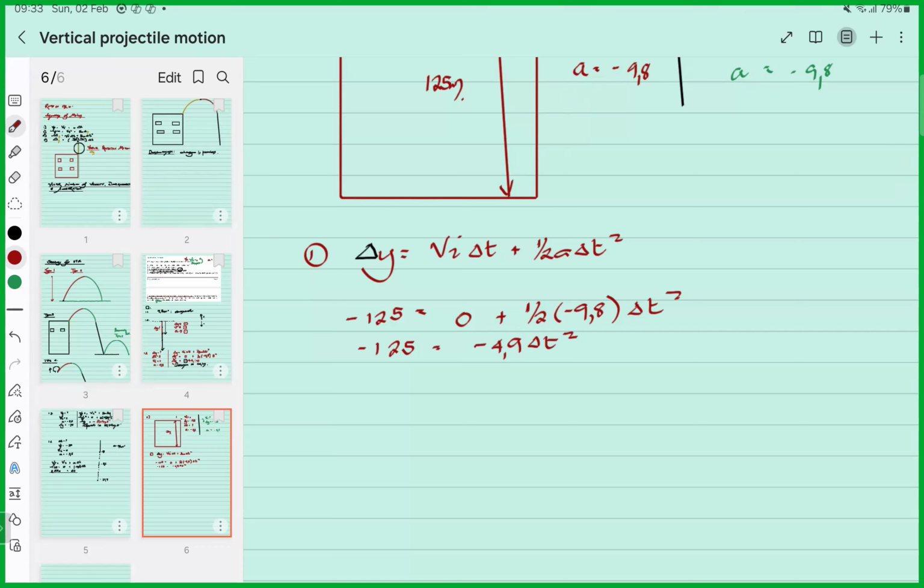I'm guessing 5.04. I could be wrong. What's the answer?